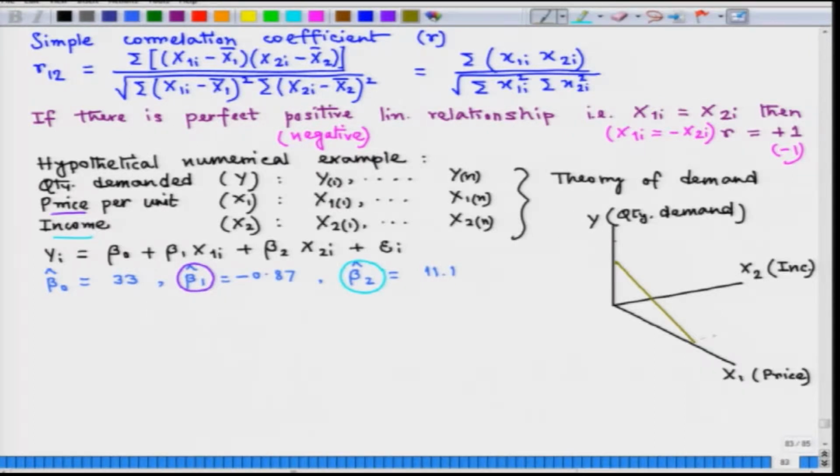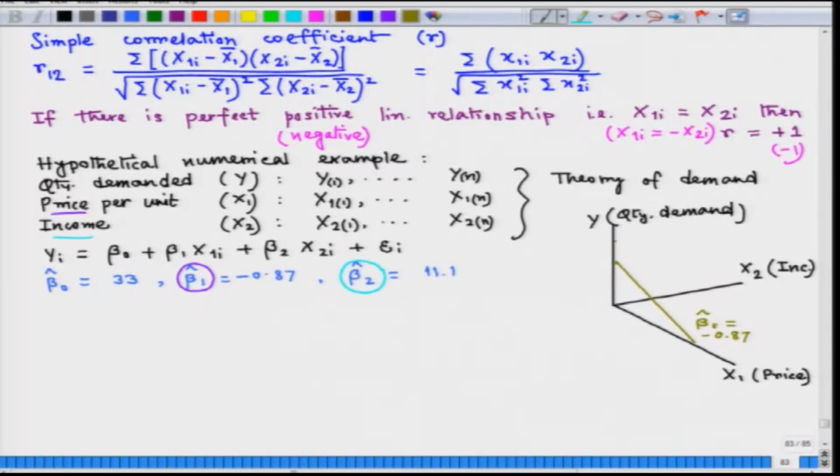So, this downward sloping straight line actually has the slope value minus 0.87, and that is precisely the value of the partial regression coefficient for the price variable, right.